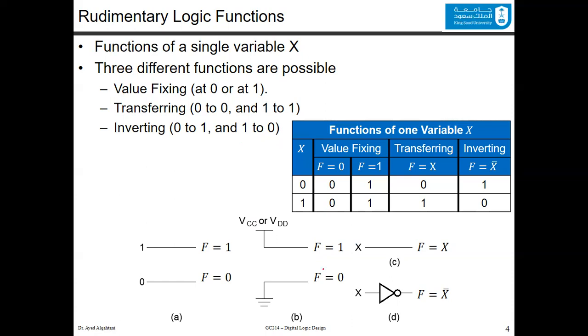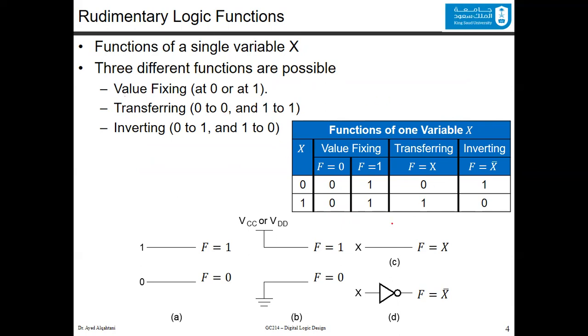If you fix the value of the function f at 0, it means that you are connecting this line to the ground. If you fix it at 1, it's like you are connecting this line to VCC or VDD. The other type is transferring, so you transfer 0 to 0 and 1 to 1.